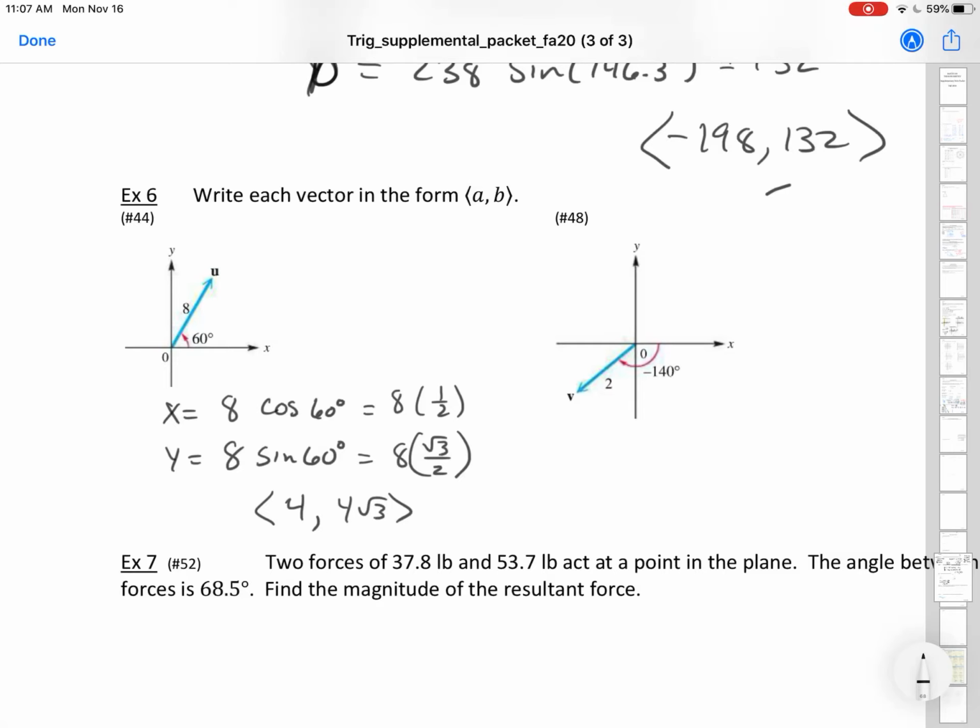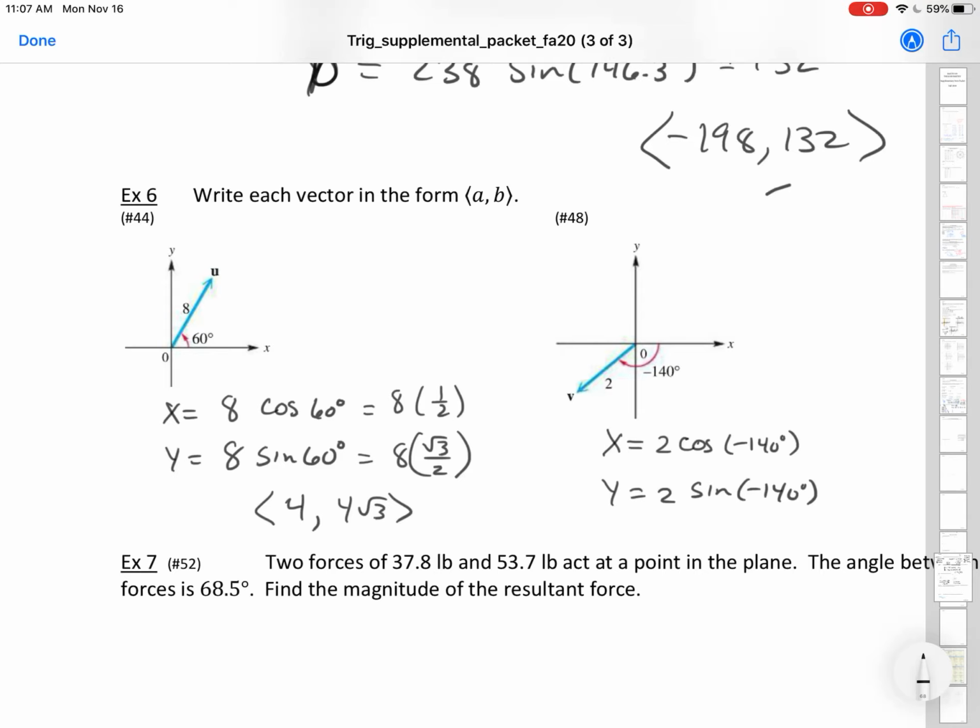What about here, with an angle that we don't know? Here a calculator might be realistic. We have x equal to 2 times the cosine of negative 140 degrees, and y equal to 2 times the sine of negative 140 degrees.